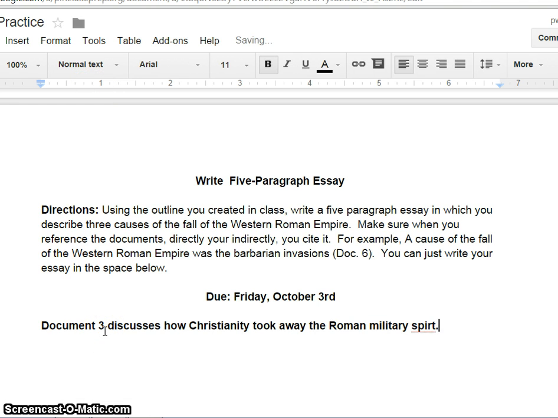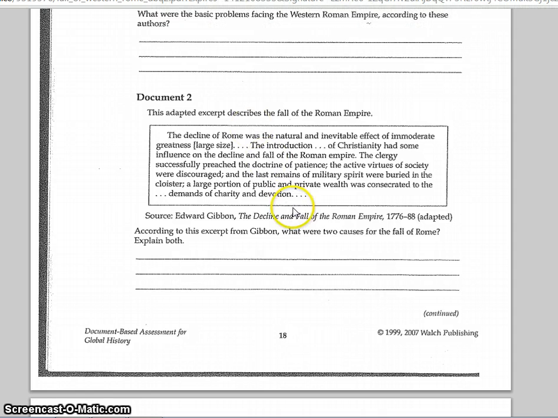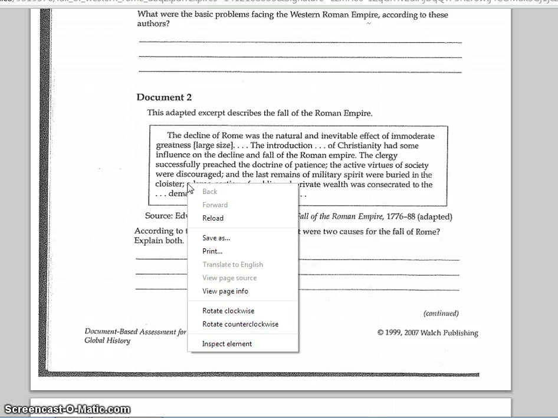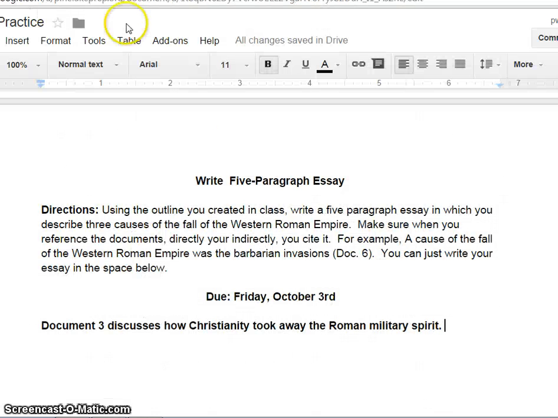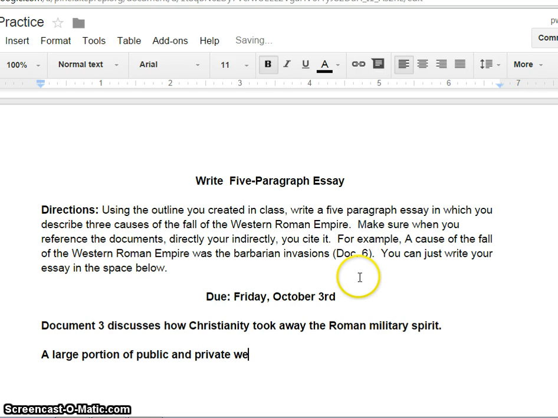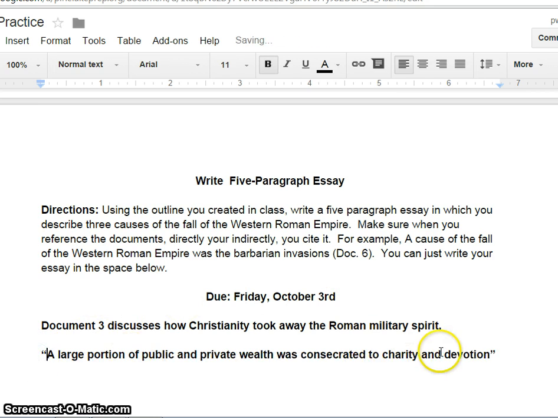Or you can include a direct quote. So if we go back to our document, maybe we want to say, a large portion of public and private wealth was consecrated to the demands of charity and devotion. So we would put it in quotes, and then we would write Doc 3.